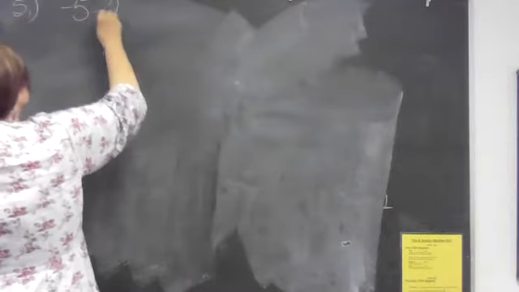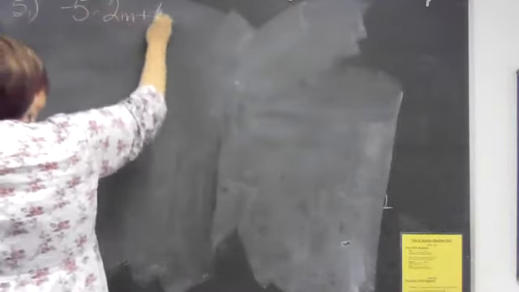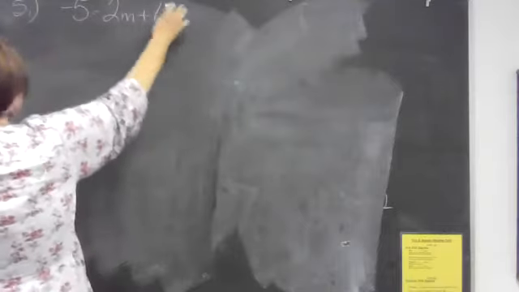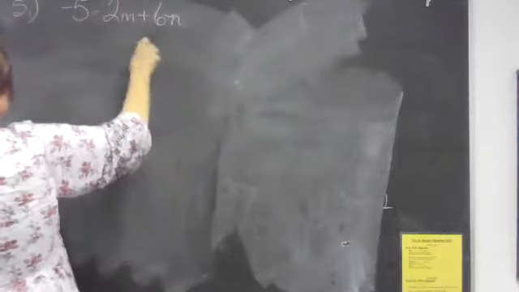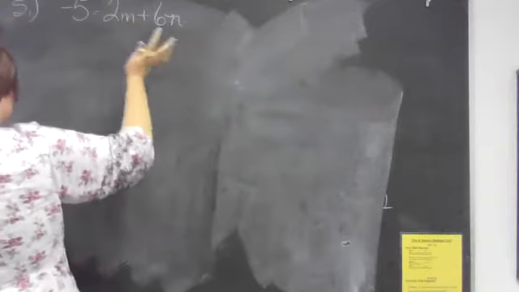So I have negative 5 equals 2m plus 6m. This will make one line on the graph. Pretend that this is the x and the y.